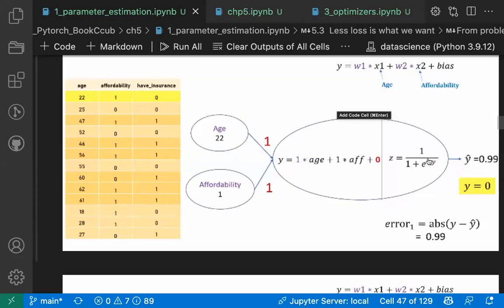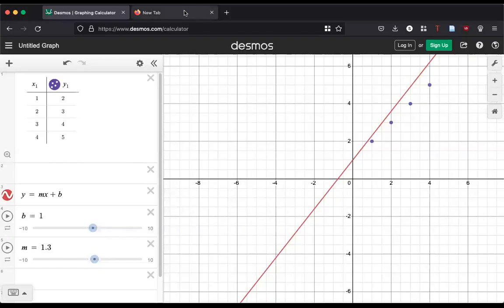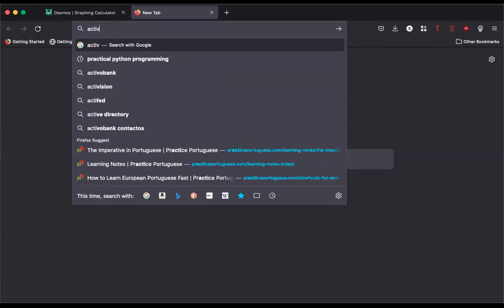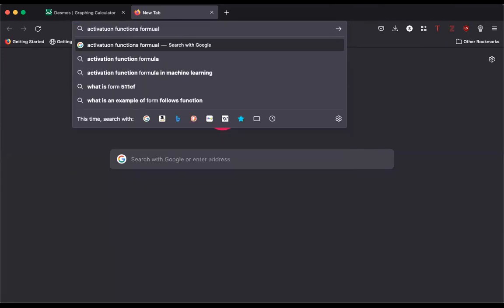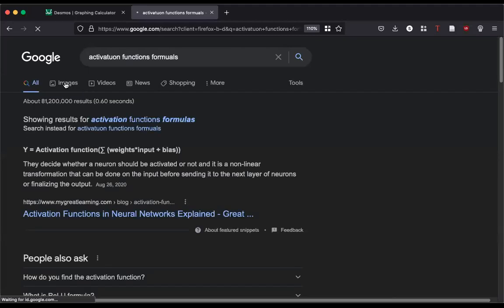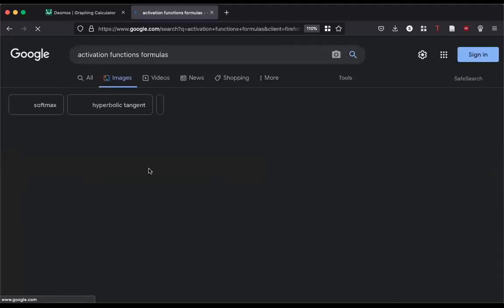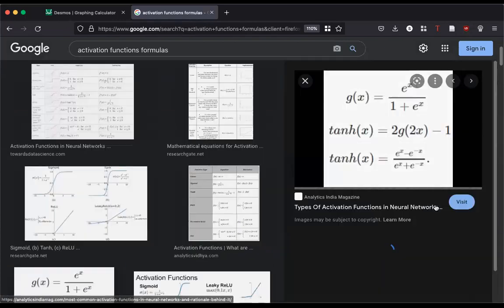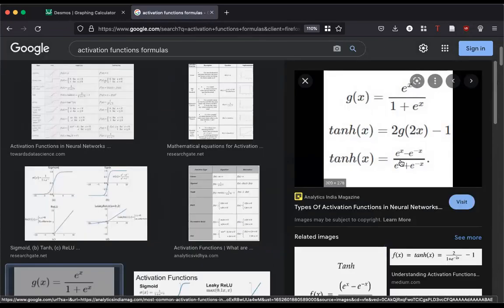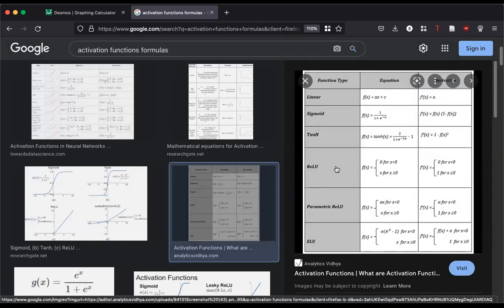So let's see this. Maybe activation function formulas. Let's look at them here. You can see these are the activation functions.